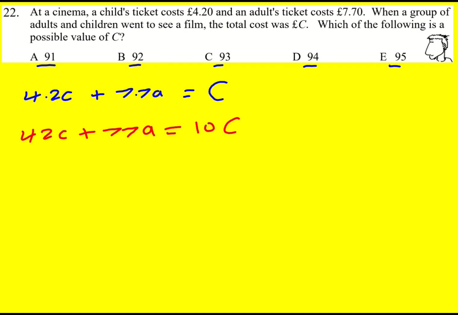When you get this sort of equation, you should always divide through by any common factors. And 42 and 77 have a common factor of 7. So I can write down that 6c plus 11a is equal to 10 over 7 times capital C. What that means is capital C, for it to be a whole number, must be a multiple of 7.